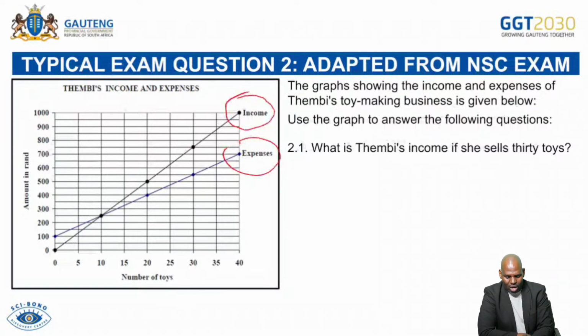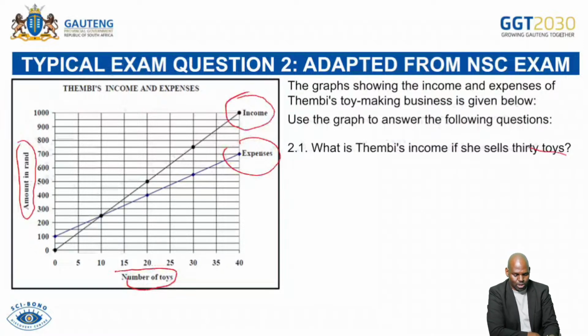Okay, now Tembi's income. We want to know Tembi's income if she sells 30 toys. This is the number of toys and this is the amount. This amount can either be for income or it can be for expenses. Now for 30, here is 30. Now from this 30, if the number of toys is 30, then if we go up, when we get to this point it is for expenses.